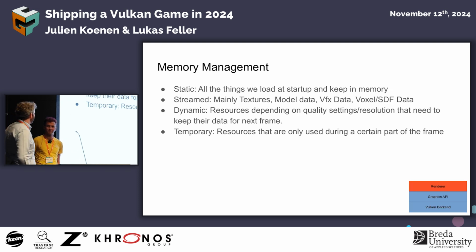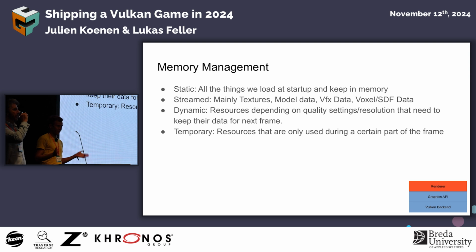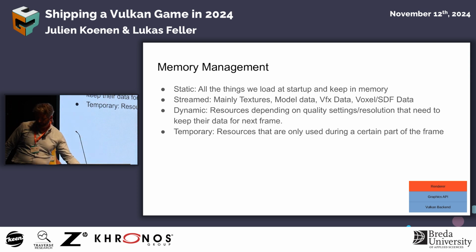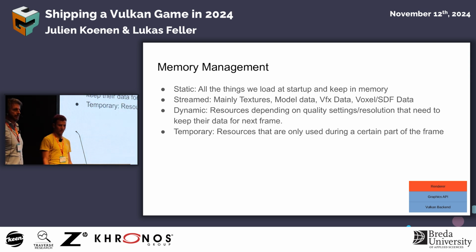All right. So the next section is about memory management. Lucas wants to take over. Yes, memory management. We basically identified 4 different types of memory that we allocate. First is static memory. This is memory that's allocated once, either for the entire runtime of the game, or a set of memory in the main menu, which we then free, and then also some static memory when you load into the game scene.